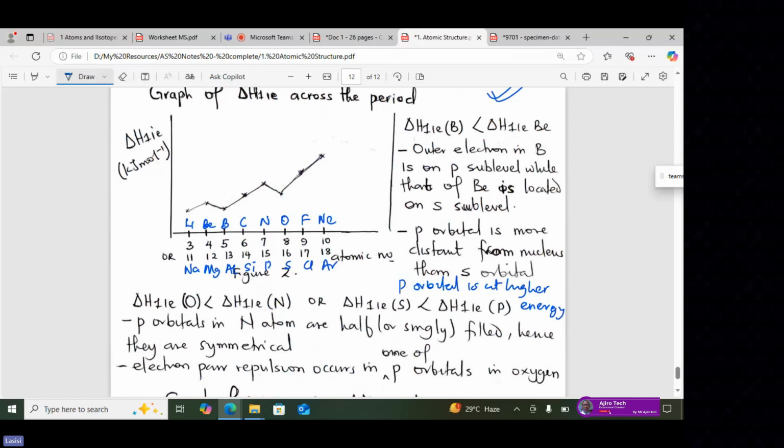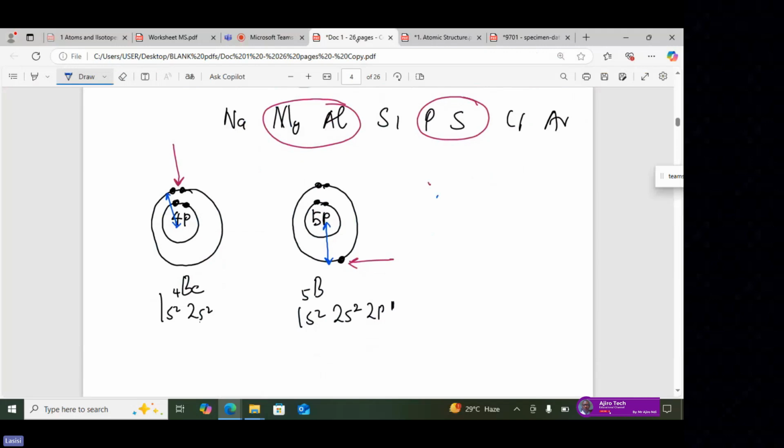The same argument goes for magnesium and aluminium. Magnesium is 1s2, 2s2, 2p6, 3s2 on the s subshell. Aluminium is 1s2, 2s2, 2p6, 3s2, 3p1.